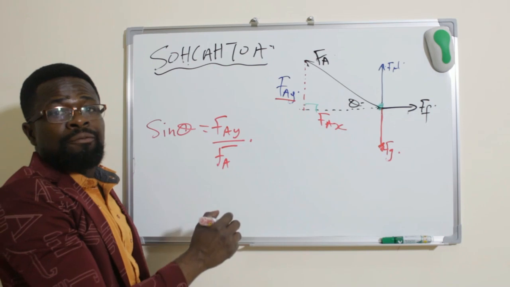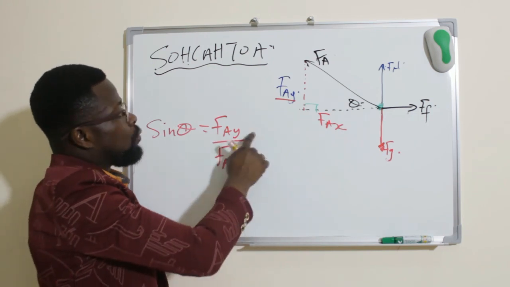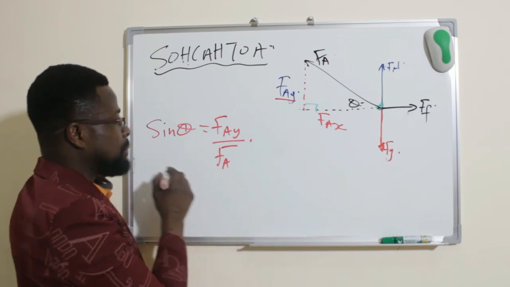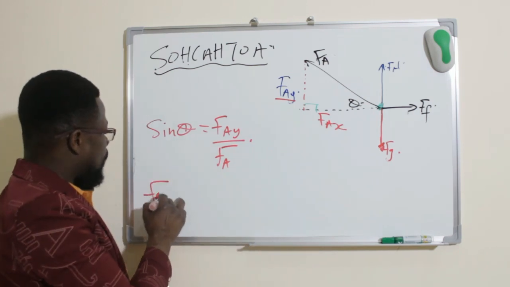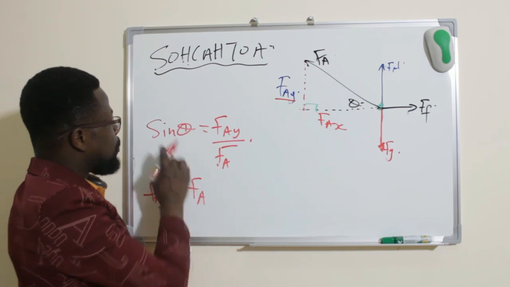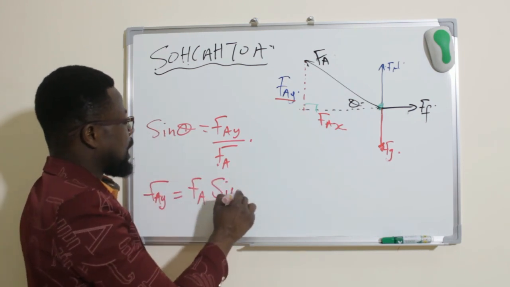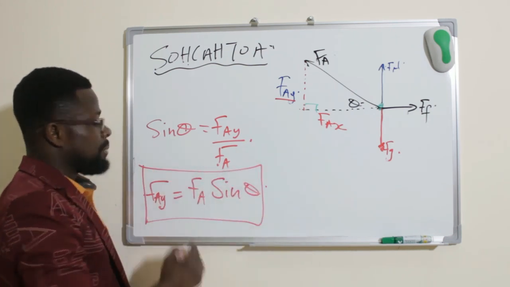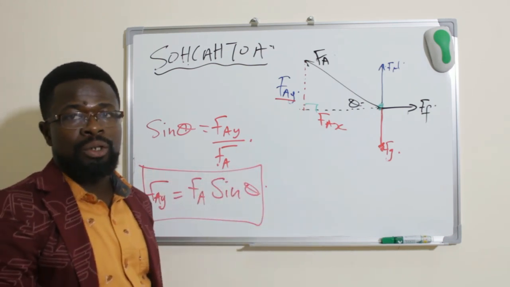And what we are looking for is the FAY. Therefore, making FAY the subject of relation, we're going to have FAY being equals to FA multiplied by sine theta. And this is very important that we have to make use of.